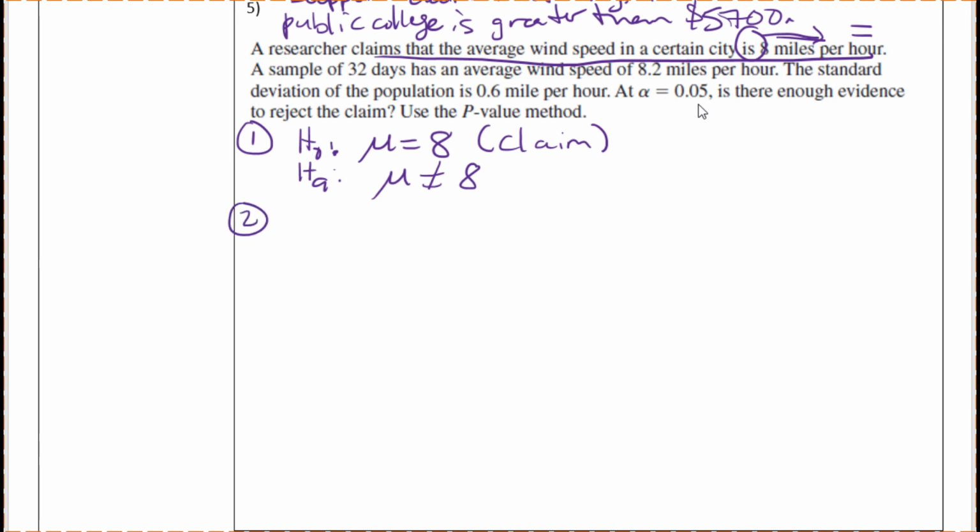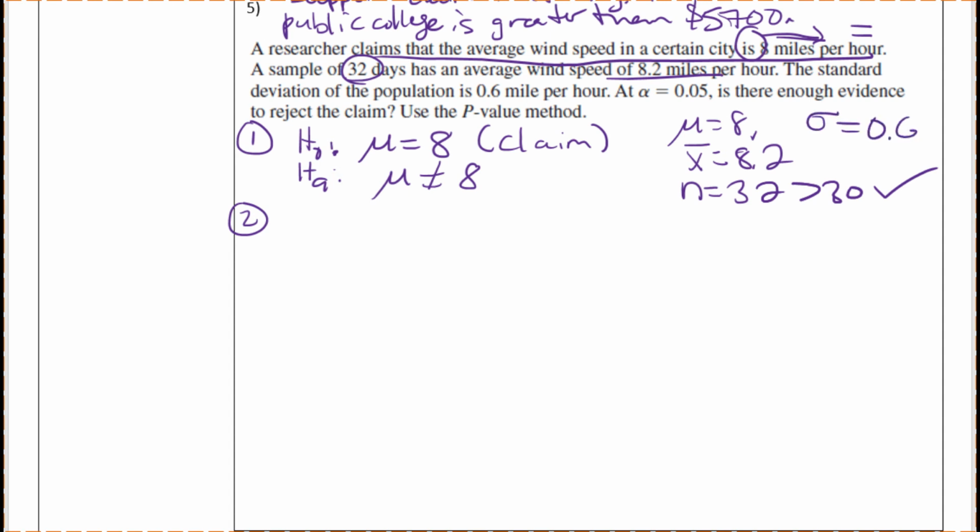We're going to go ahead and label all the variables here. So we have mu is 8, x bar is 8.2. They found that from the average wind speed for 32 days. So 32 days, that's n, which is greater than 30, which means that we can use a z-test, which we knew already, it's a textbook problem. Standard deviation is 0.6, and we have our alpha.